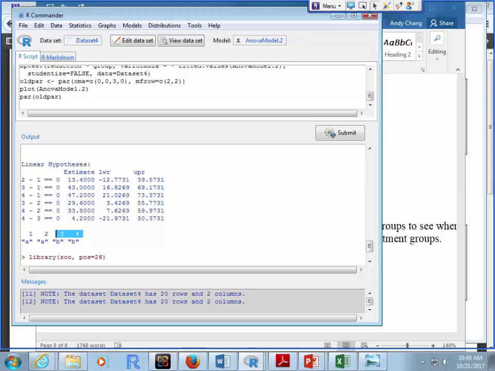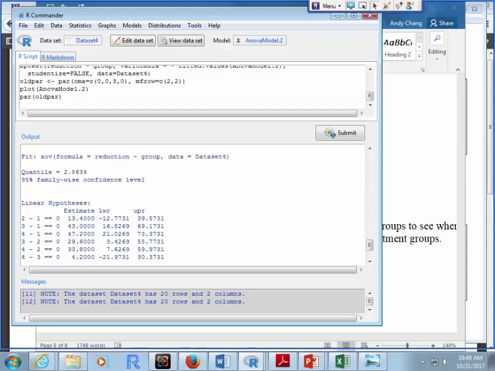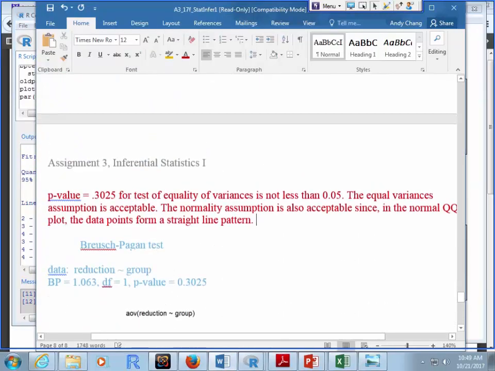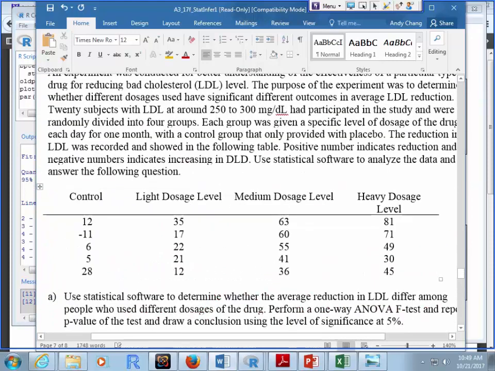In this example, it is like evaluating the performance of drugs for reducing cholesterol. So you will see the control group and treatment groups. The first treatment group's difference is not significant, so that first dosage level is not quite good. But the medium dosage and heavy dosage are different from the control group. Their reduction is much higher.